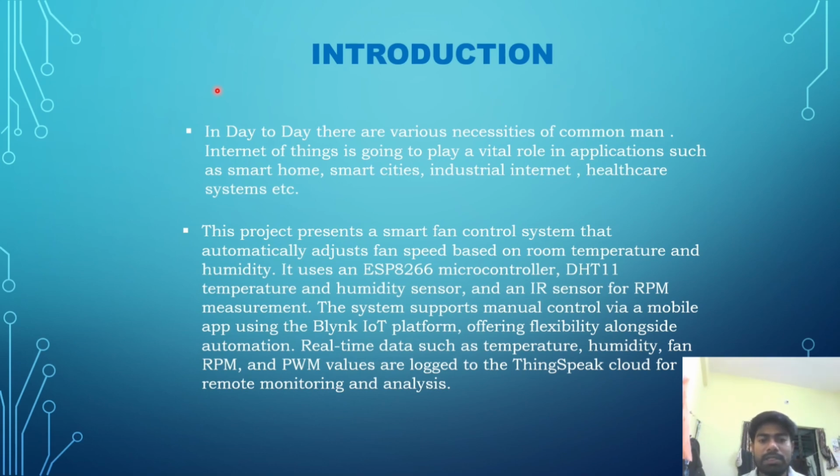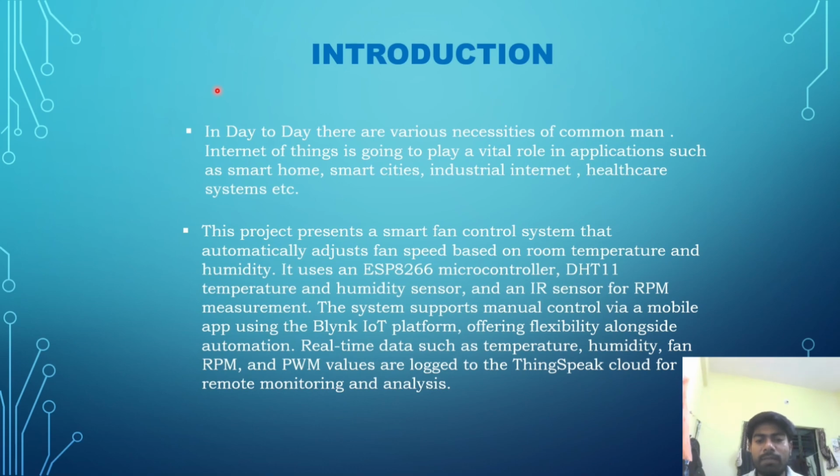This project presents a smart fan control system that automatically adjusts fan speed based on room temperature and humidity. It uses an ESP8266 microcontroller, a DHT11 temperature and humidity sensor, and an IR sensor for RPM measurement.